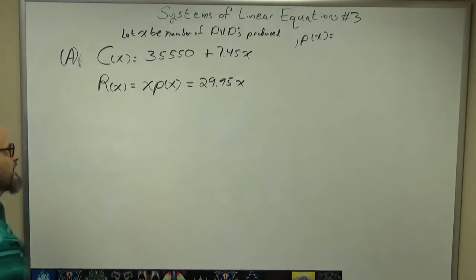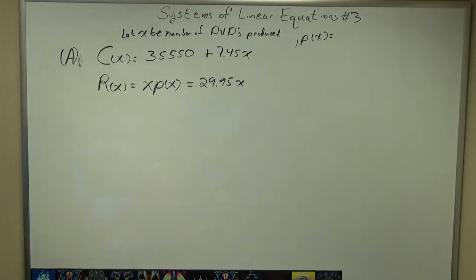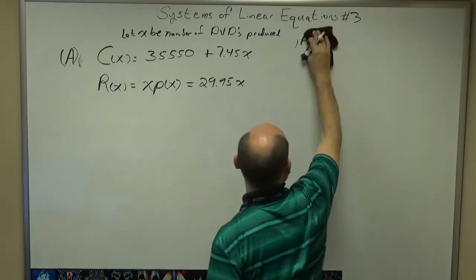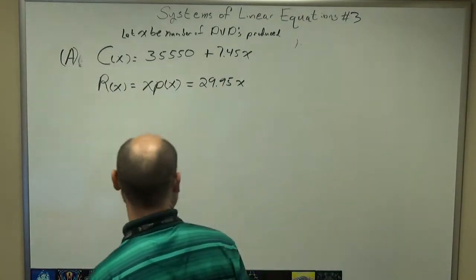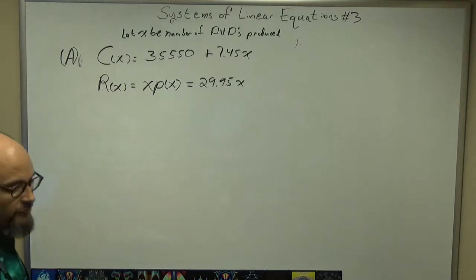This was probably a little more than I needed to put here, but I'd need the price demand equation, though they don't ask us for it. They're just saying, hey, you're going to sell these for $29.95 a piece, so therefore your revenue is $29.95x.